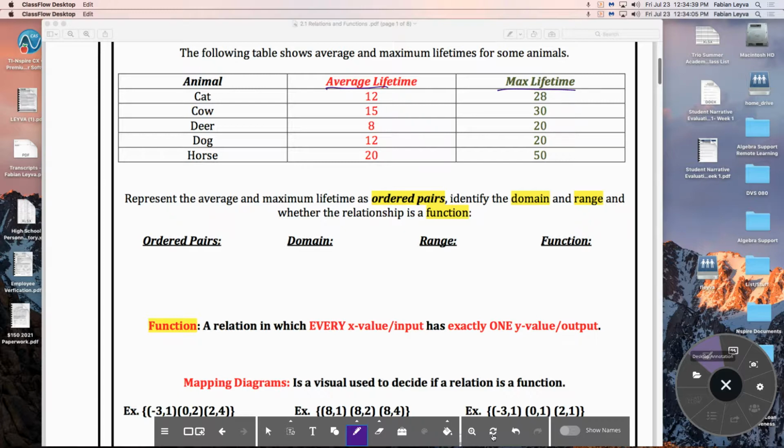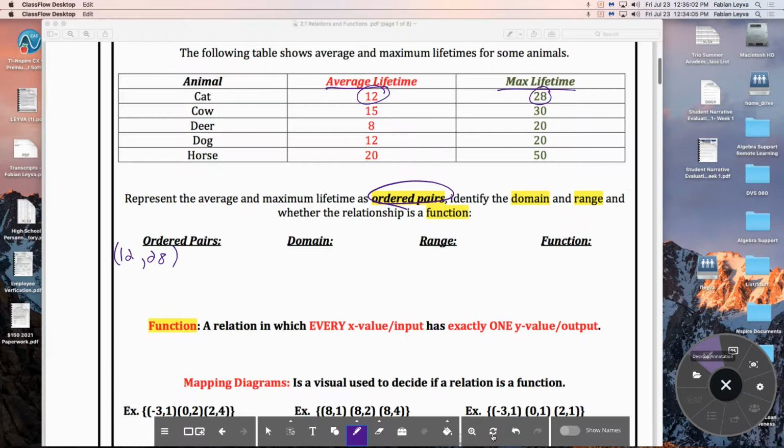Now, the bottom directions are asking us to represent the following average and maximum lifetimes as ordered pairs. So, just as I explained above, whenever you have an ordered pair, you have an x written first, followed by the y. If I look at this table, I can see that I have a 12 followed by a 28. So I'm going to write that as an ordered pair.